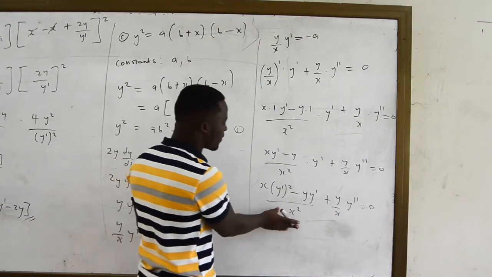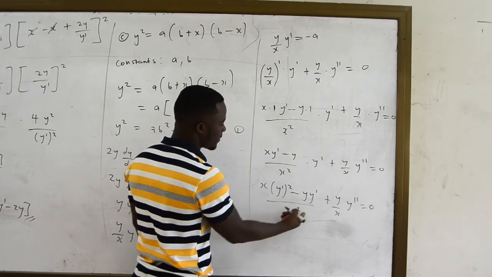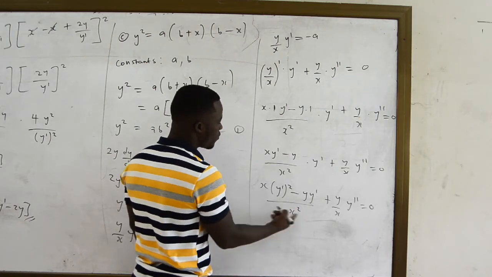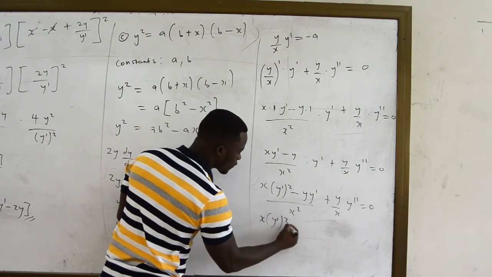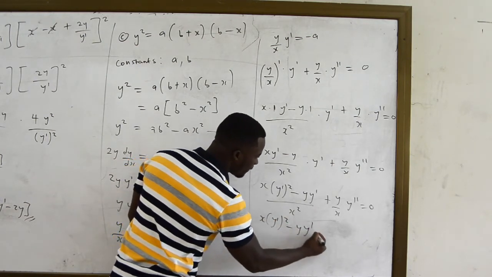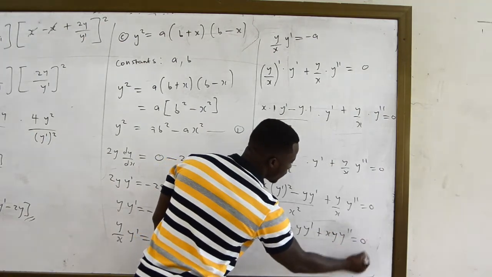I don't want to keep any fraction here, so I will multiply both sides by x squared, and then I will get x (y prime) squared minus y prime plus x y double prime is equal to 0.